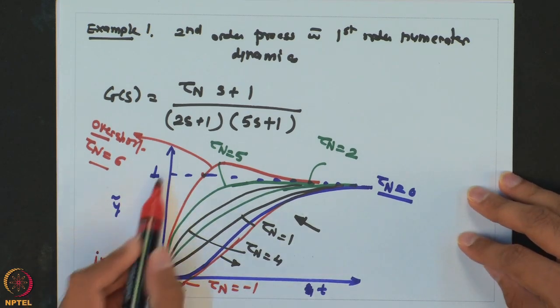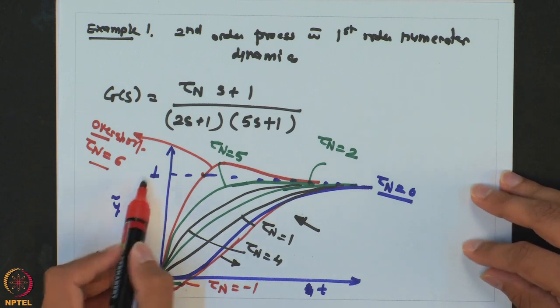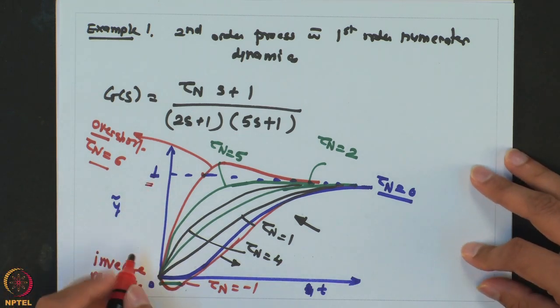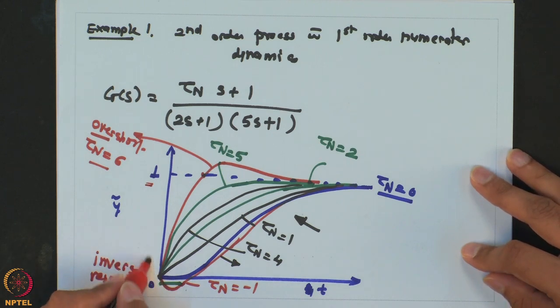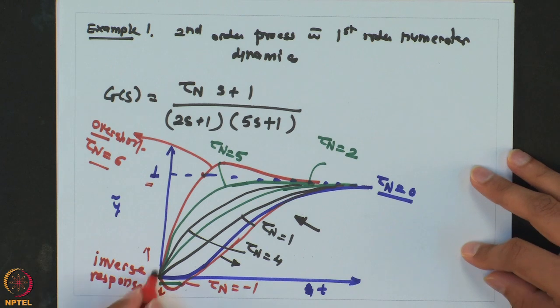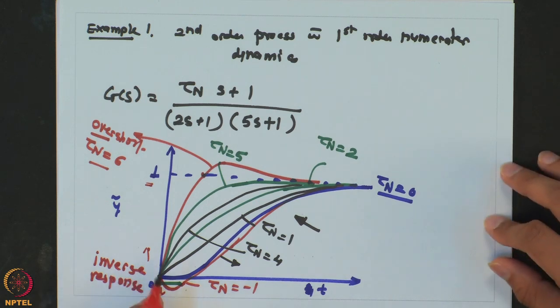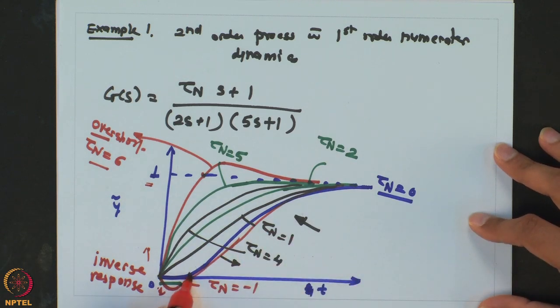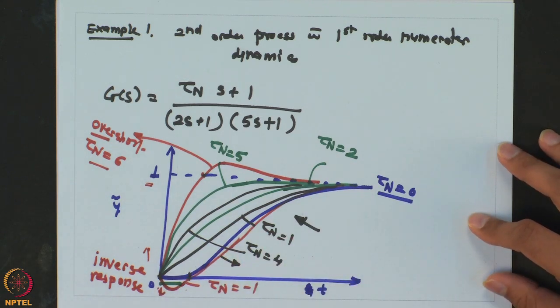So, when my input changes by 1 unit, the output is also going to change by 1 unit. But initially, the increase in the input is causing a decrease in the output. So, the initial response is exactly opposite to what the final response looks like, and there is a crossing of the response y equal to 0.